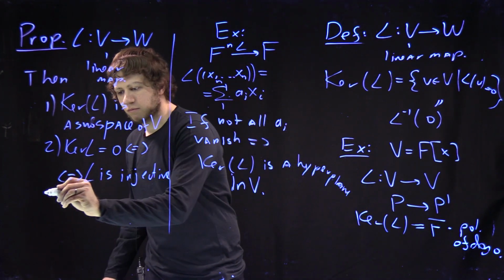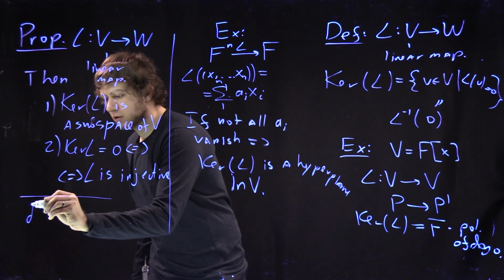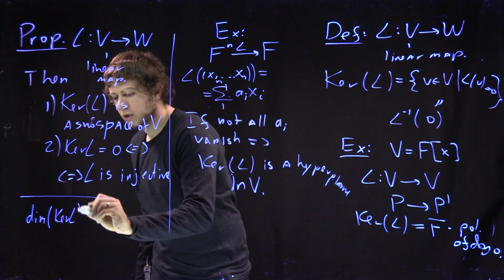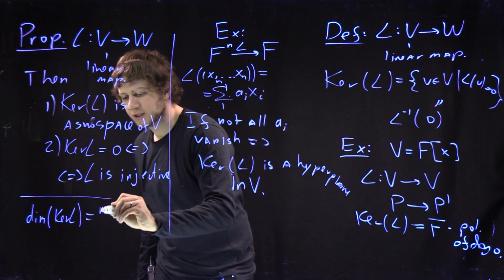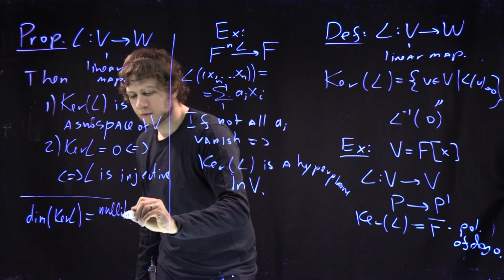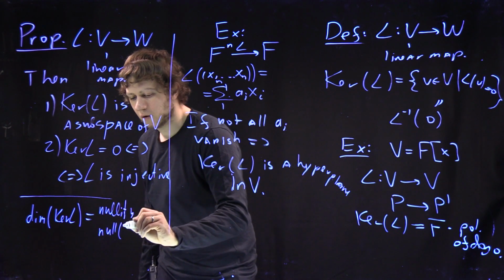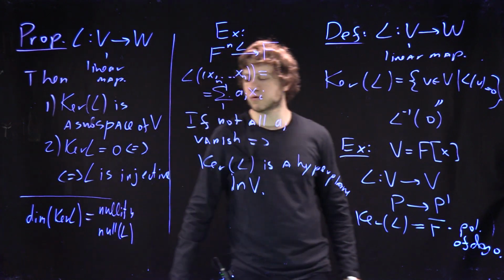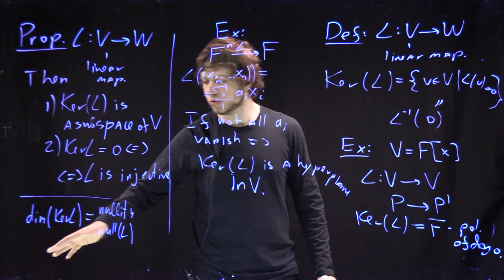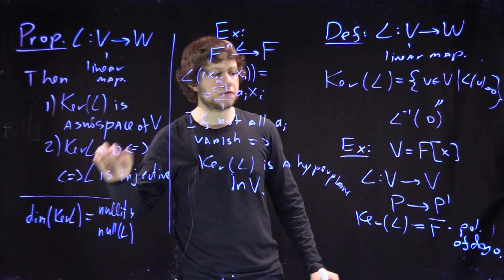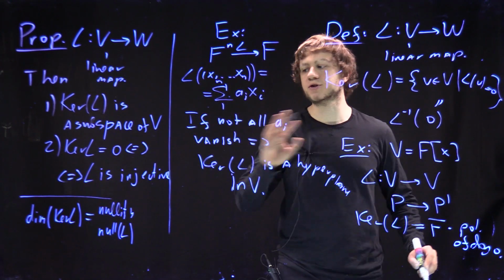So basically, if the kernel is big, the map is not injective. A little remark: the dimension of the kernel of L, some people call the nullity of L. I'm not going to use this word a lot, but you can see it in the books you read. The bigger this dimension, the further your map is from being injective.